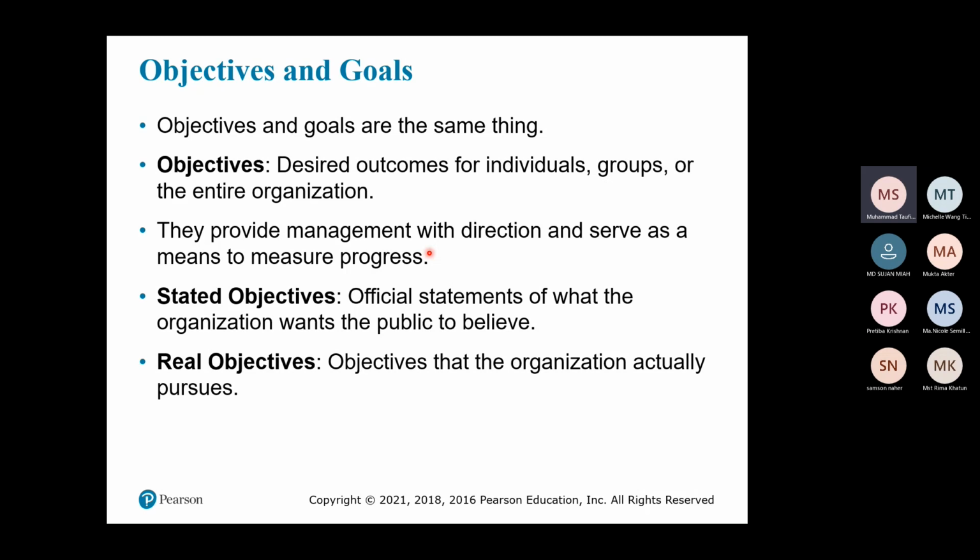Okay. So let's talk about the main component in the plan, which is objective and goal. Objective and goal are interchangeable and they represent the same thing. You can use either objective, goal, or target, any synonym, as long as it represents the same thing, which is the desired outcome you want to have after you execute the plan.